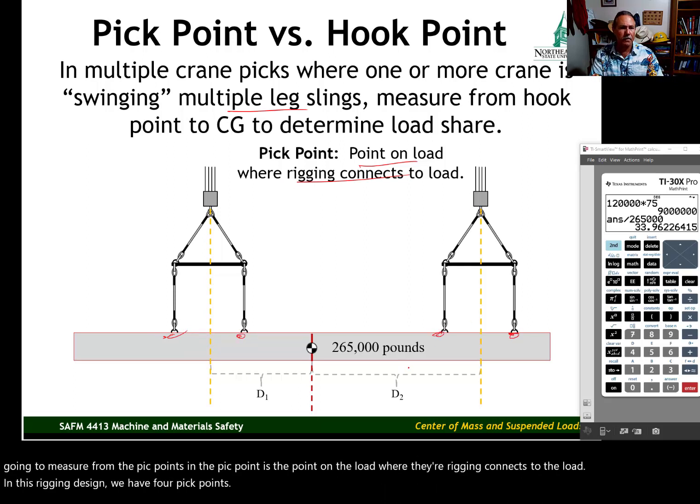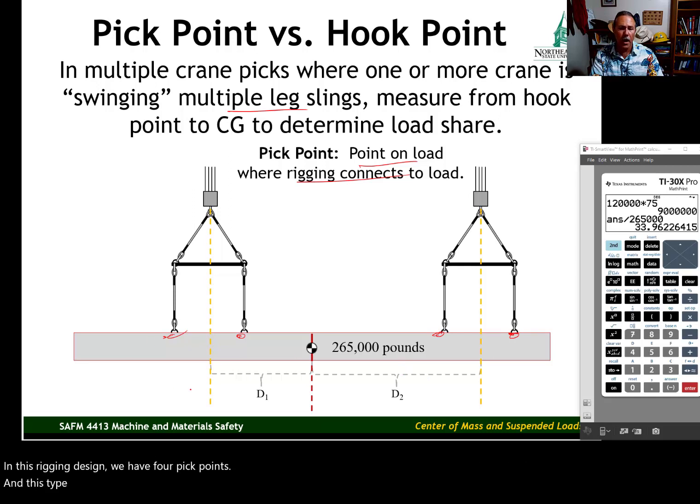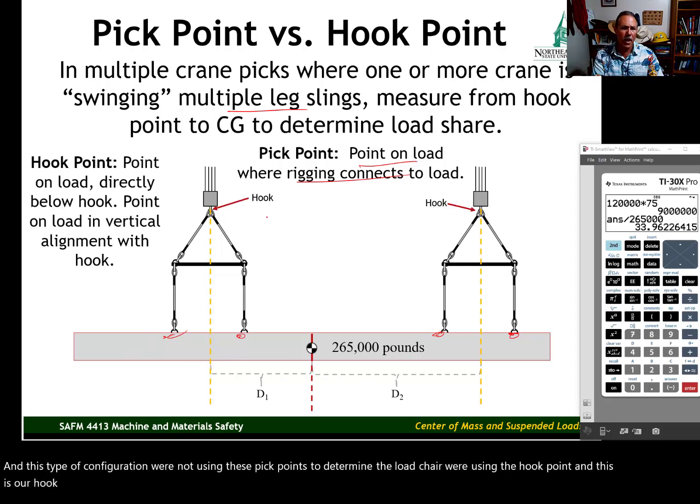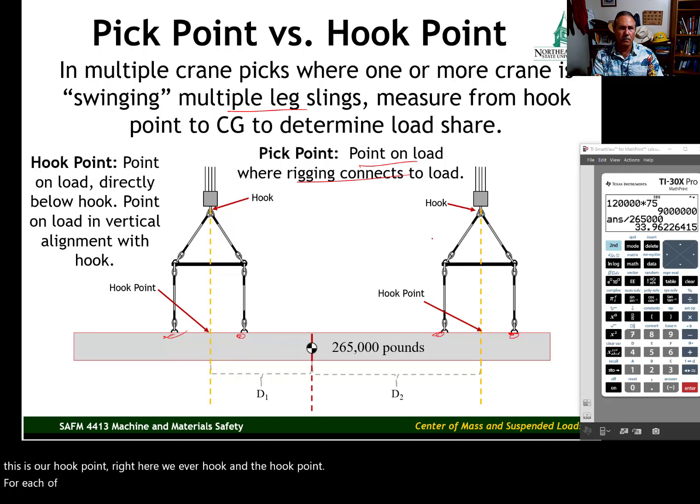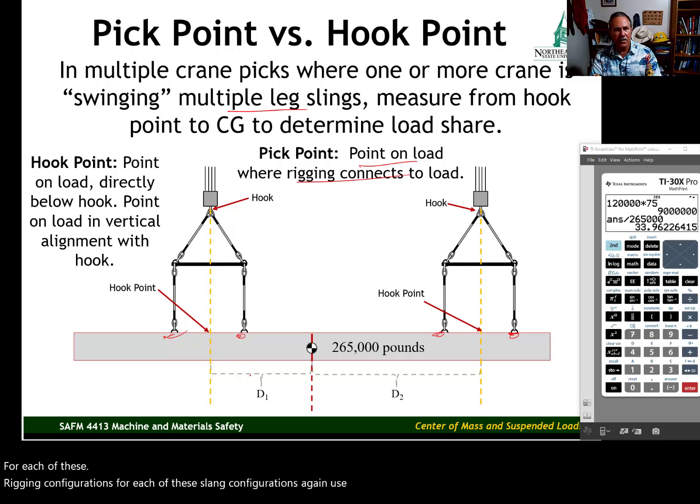In this type of configuration, we're not using these pick points to determine the load share. We're using the hook point. And this is our hook point right here. We have our hook and the hook point for each of these rigging configurations, for each of these sling configurations. Again, use the hook point in these types of scenarios.